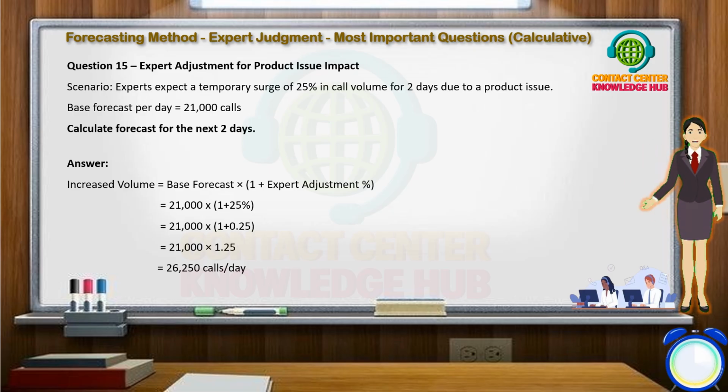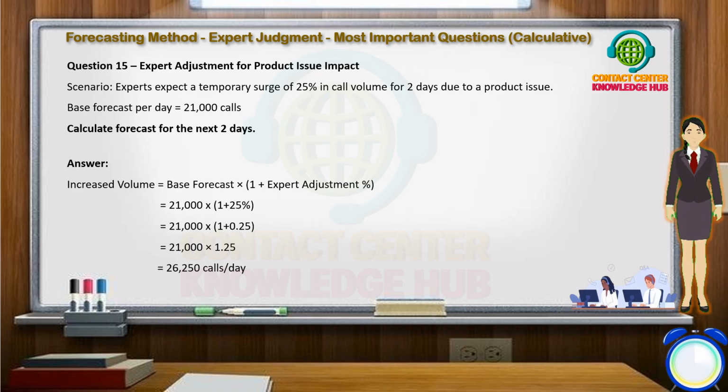To calculate forecast, we use the expert judgment formula. Increased volume equals base forecast multiplied by 1 plus the expert adjustment percentage. Substituting the values, 21,000 multiplied by 1 plus 0.25. This simplifies to 21,000 multiplied by 1.25.